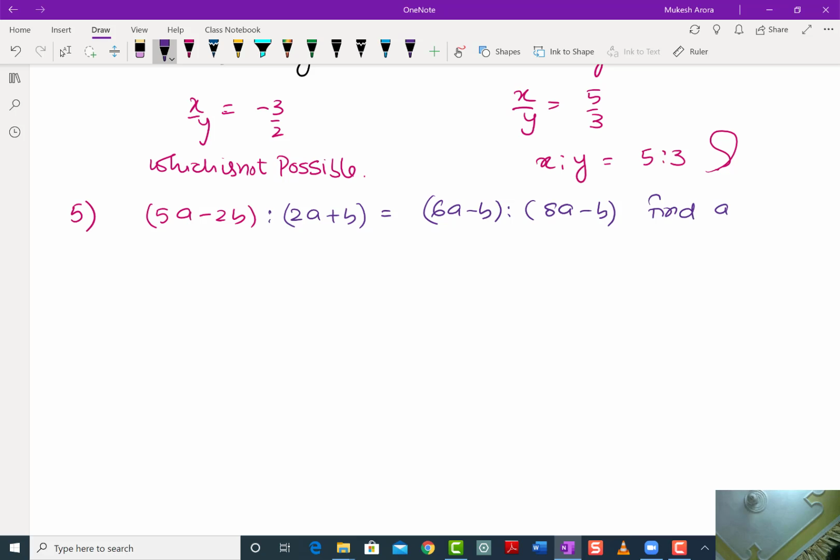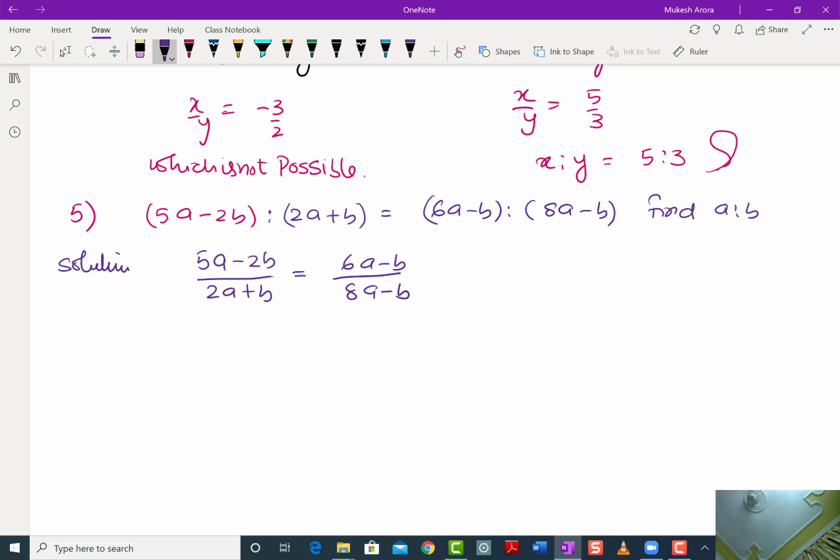Find a ratio b. When we solve it, it will be 5a minus 2b upon 2a plus b is equal to 6a minus b upon 8a minus b.